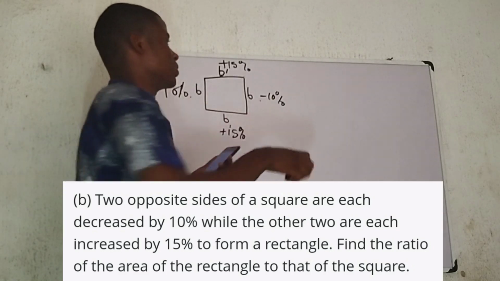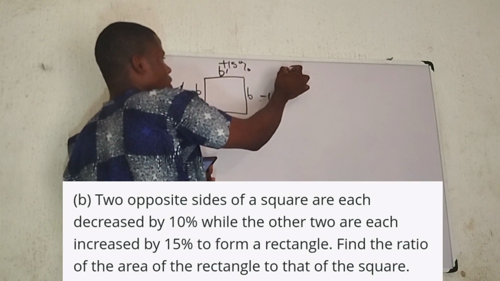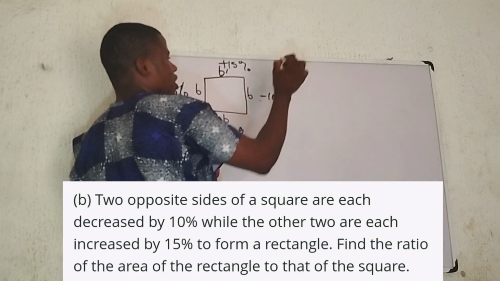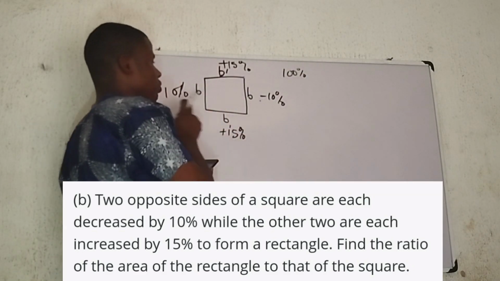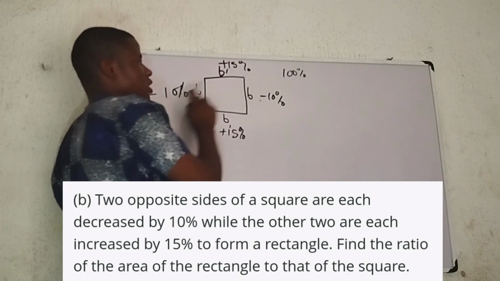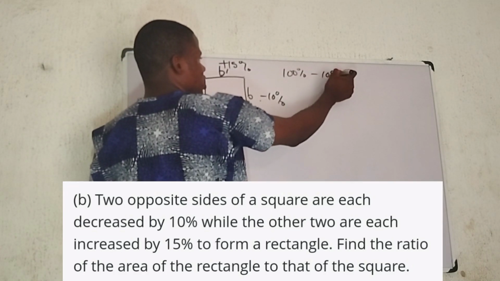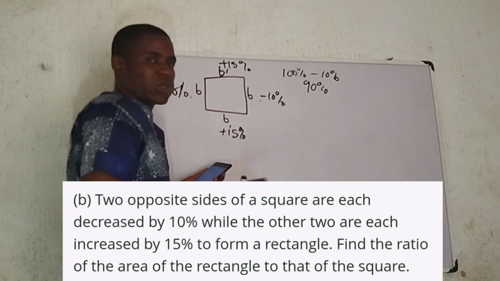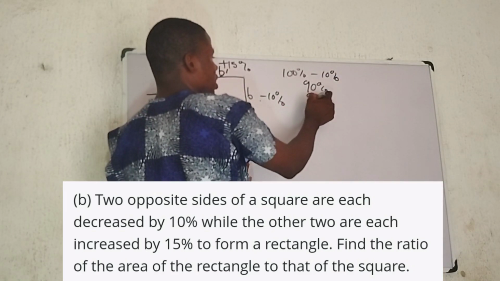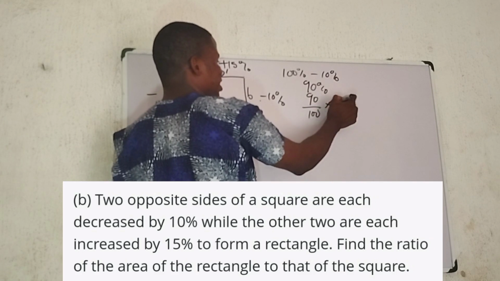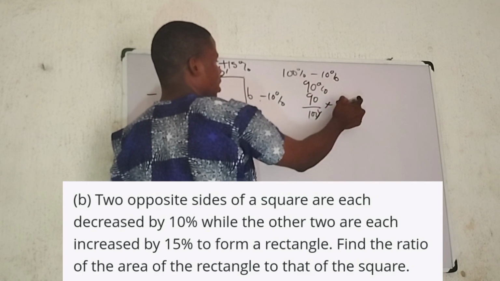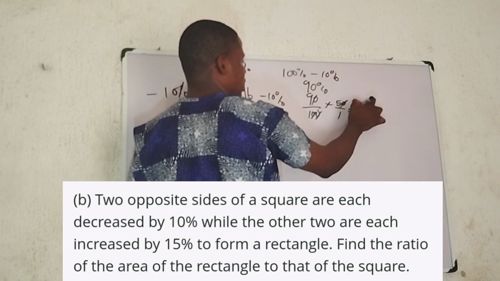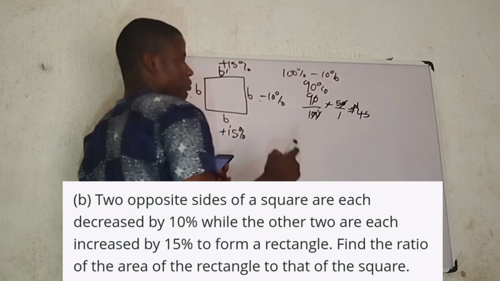Now I'm to remove 10%. 100% minus 10% will remain 90%. So what will be 90% of that 15 naira? It will be 90 over 100 times 50 over 1. Cancel the zeros. So I'm having 45 naira. Does it make sense?